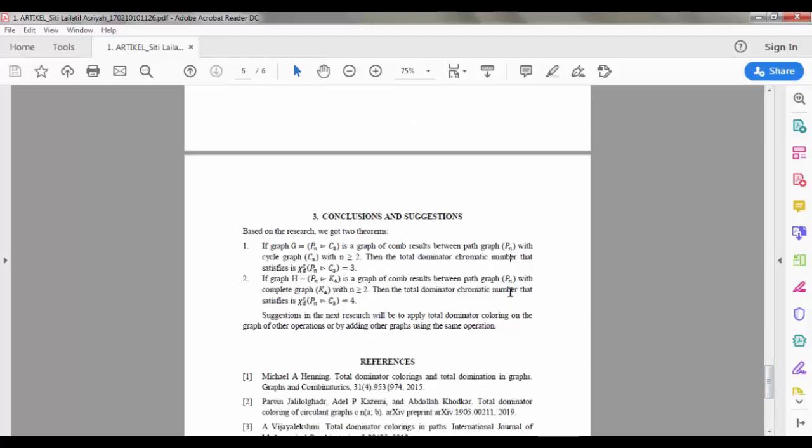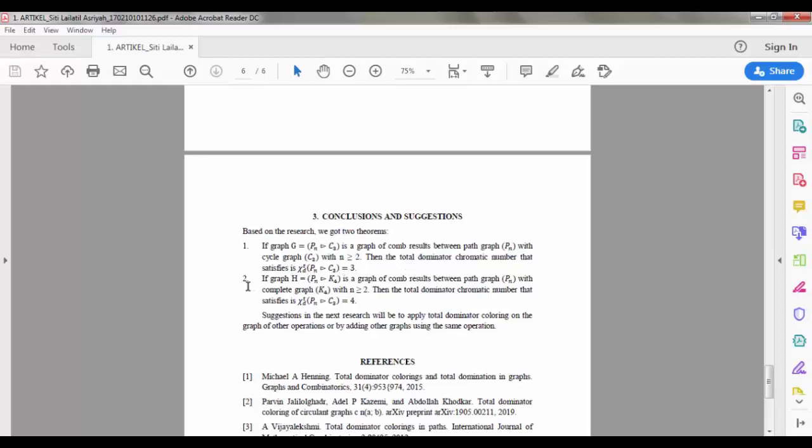Next, about conclusion and suggestion. The points are: number 1, if graph G is the comb product between path graph Pn and cycle graph C3 with n greater than or equal to 2, then the total dominator chromatic number satisfies equal to 3.